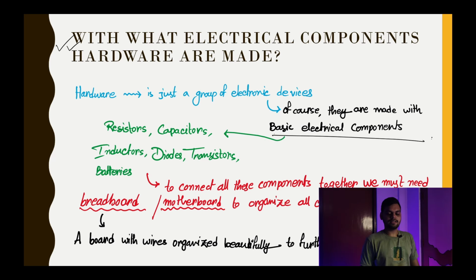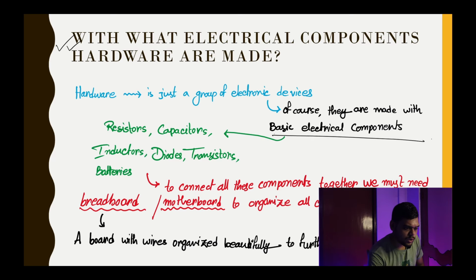As they are physical circuits, like we have discussed about analog circuits, we can touch them, we can physically feel them, so they must be made up with analog circuits, obviously. And analog circuits are also made up with basic electrical components: resistors, capacitors, transistors, inductors, diodes.